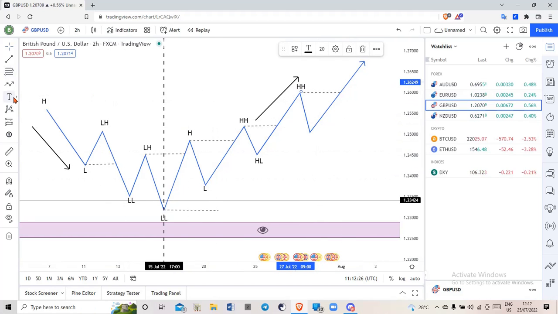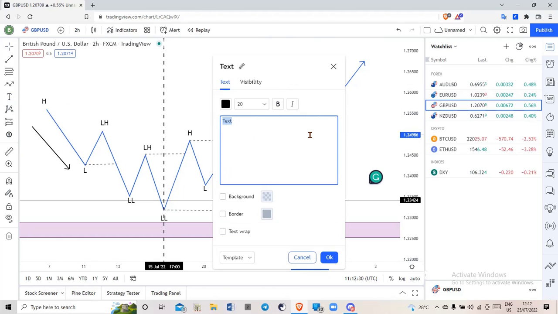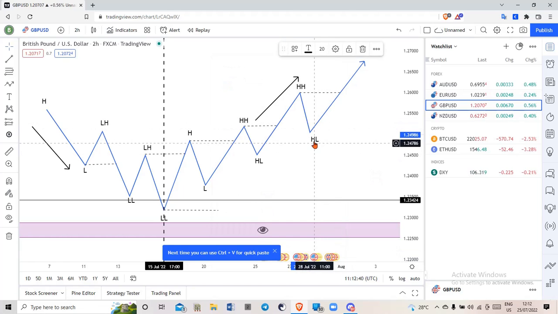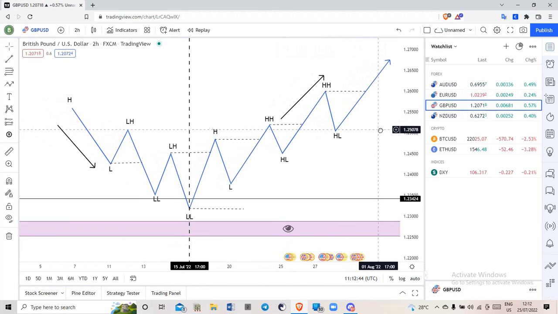I don't want this class to be very long, so you don't start feeling like you have taken too much information. This is a higher low, and so on and so forth.